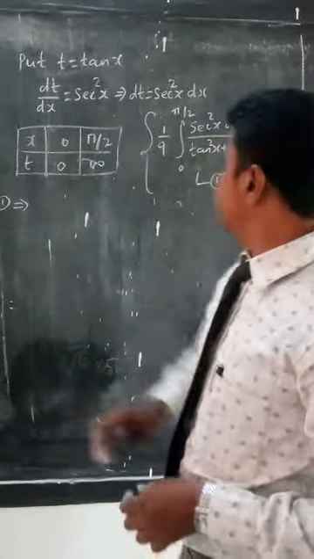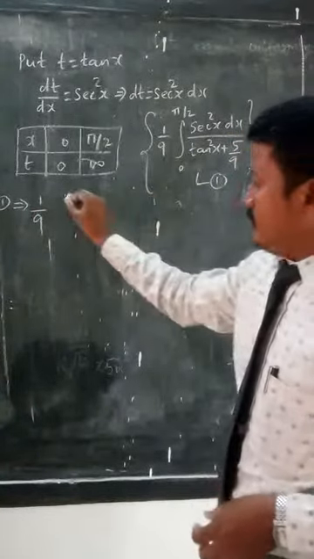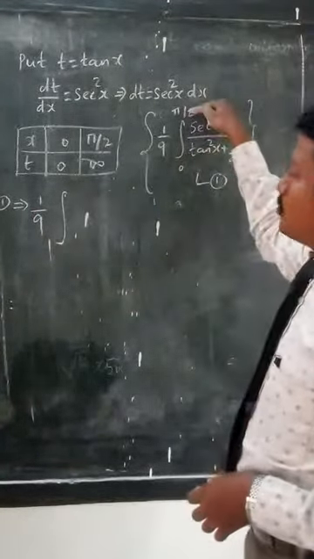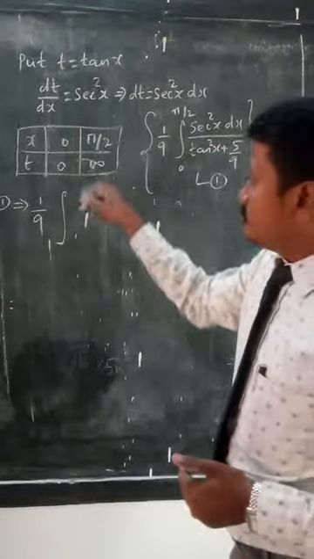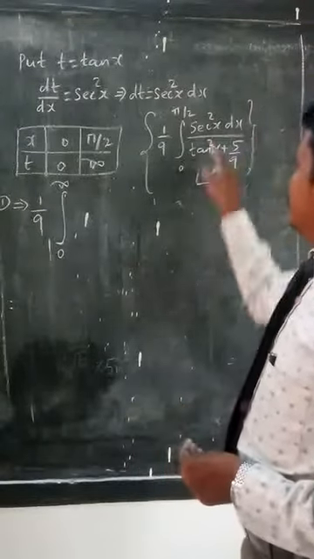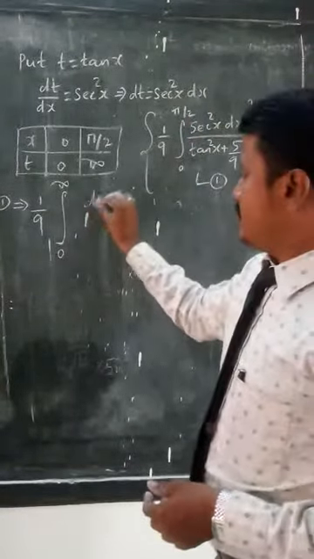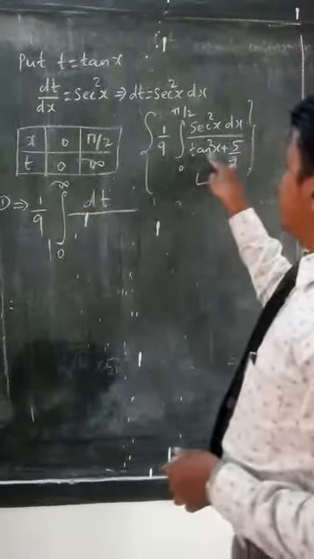The first equation becomes 1 by 9 outside. The integral limit is 0 to pi by 2, but now I have to write 0 to infinity. So limit 0 to infinity, secant square x dx, the name is dt, divided by tan square x.